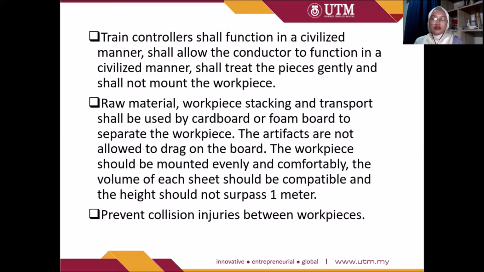So before they transport the raw material, they should use a cardboard to protect the surface of the part from the scratches, and it also should not drag the board, and they need to slowly transport by using a forklift. And it also prevents collision injuries between workpieces.